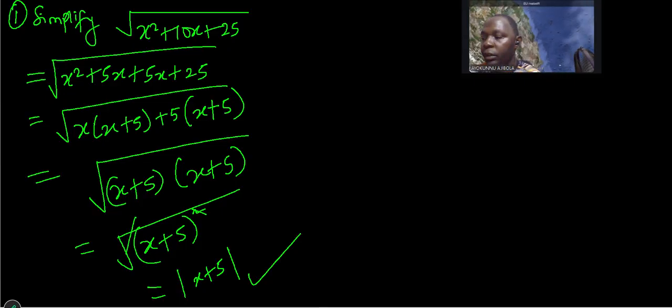Okay, we have another one to look at. If we have the square root of 36, obviously that is 6, the principal root.